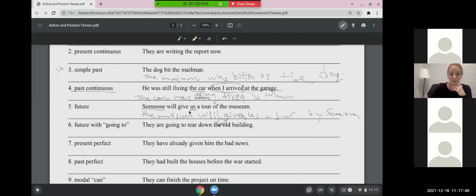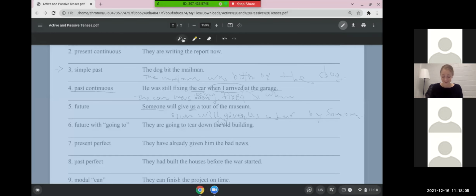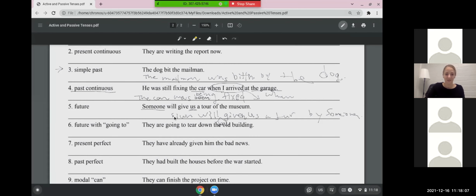Us, right? And so we need to make that the subject of our new sentence, not the museum. We will be given a tour of the museum.